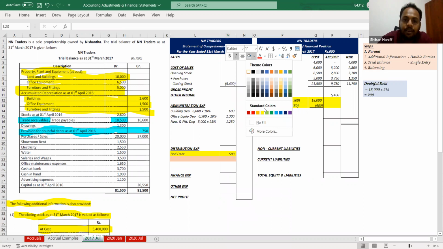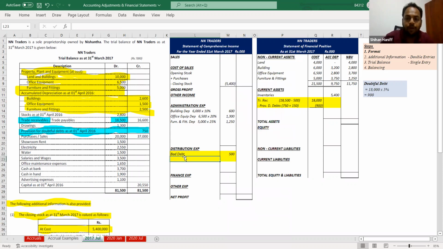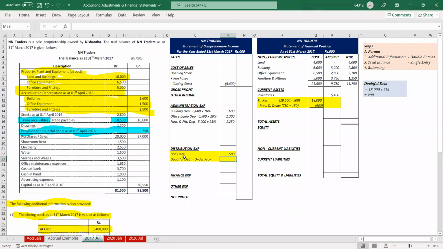So we take distribution expense, doubtful debt, under provision. How much? You take 900 or 150? 150.